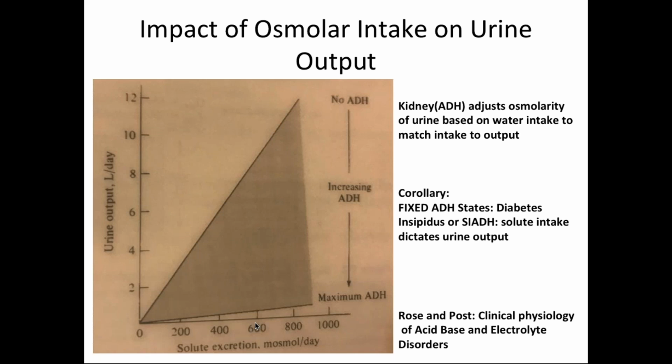So if he drinks 2 liters, he is positive 1 liter every day, and so his hyponatremia is going to continue to get worse. So if we fix him at 1 liter, he's going to maintain his sodium at whatever it is. So if he's, let's say, at 120, and he is taking 600 osms, drinking 1 liter, and his urine output is 1 liter, you're not going to make any headway in improving his serum sodium.